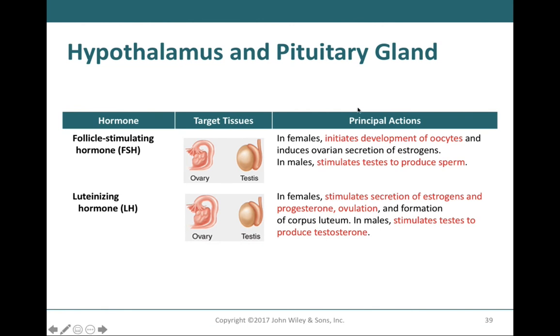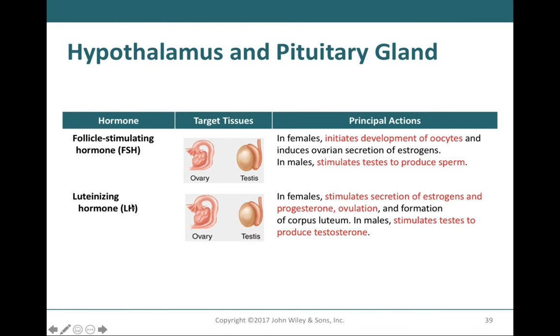But what you can see here for the principal actions are that it's going to initiate the development of oocytes, which is the female egg cell, and it's also going to stimulate the production of sperm cells, which is the male reproductive cell. So follicle stimulating hormone stimulates growth of reproductive cells. It'd be a nice, easy one-line way to say that.